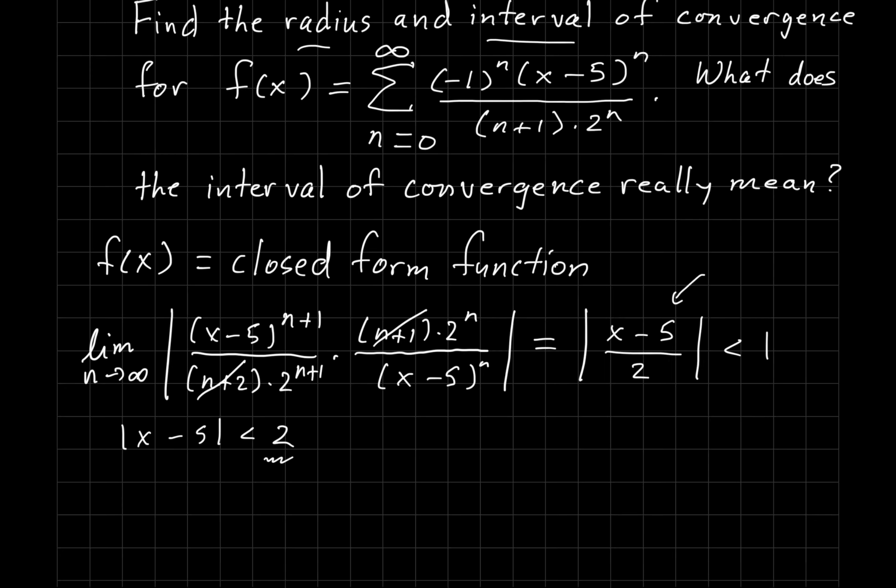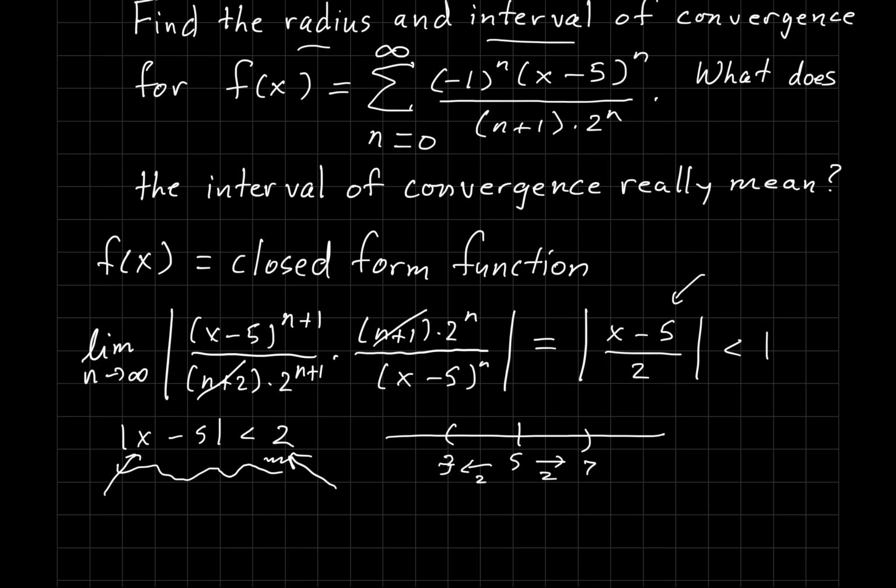And here's how we interpret this whole thing. I have a center 5. I want to find all x's that are no more than 2 away from my center of 5.